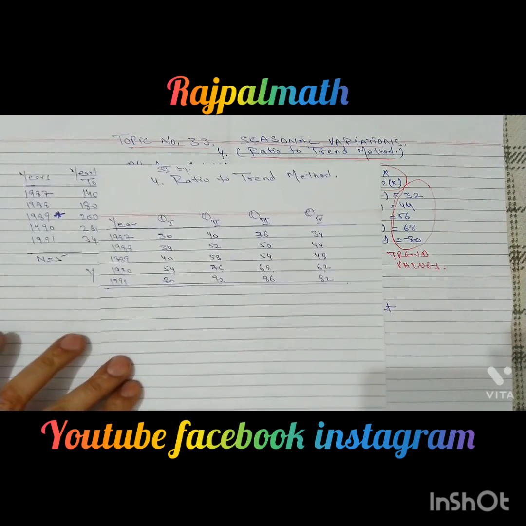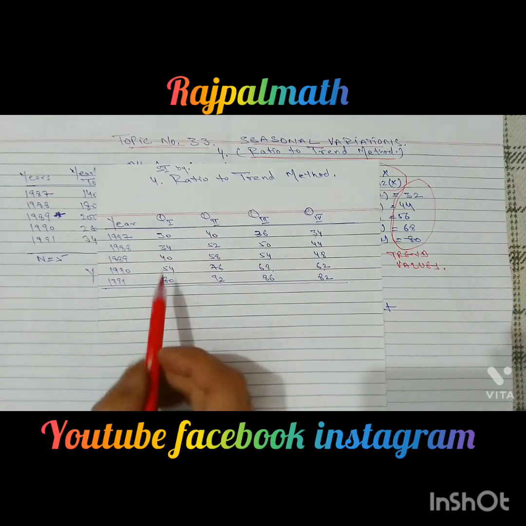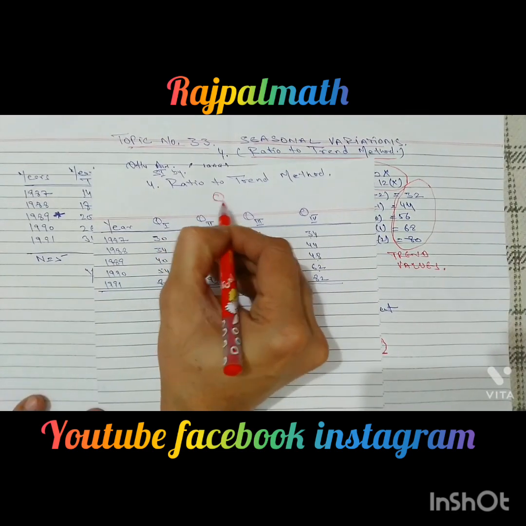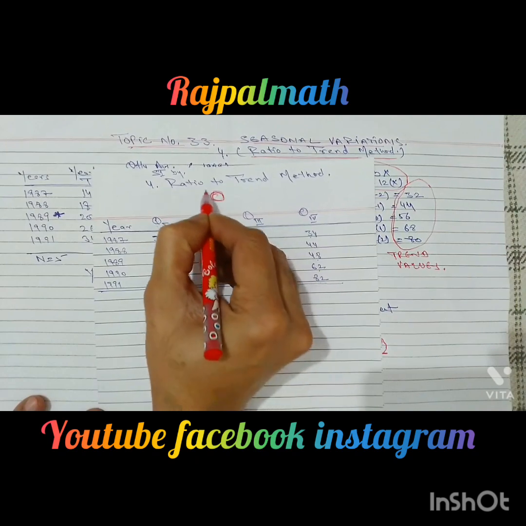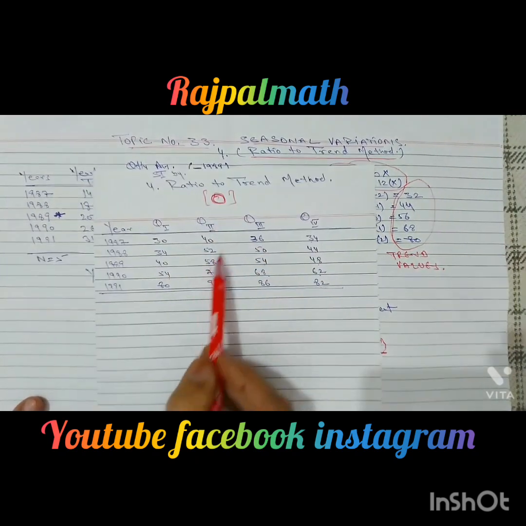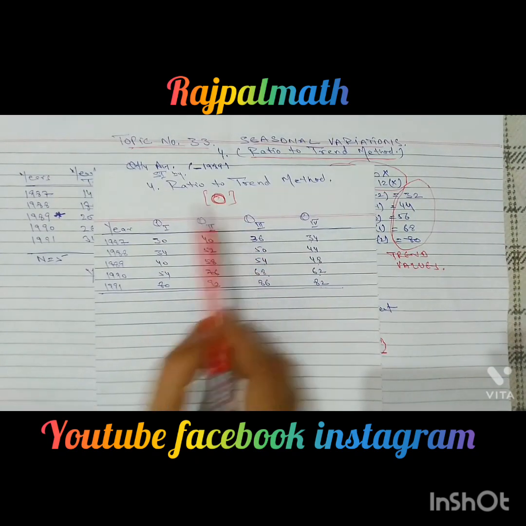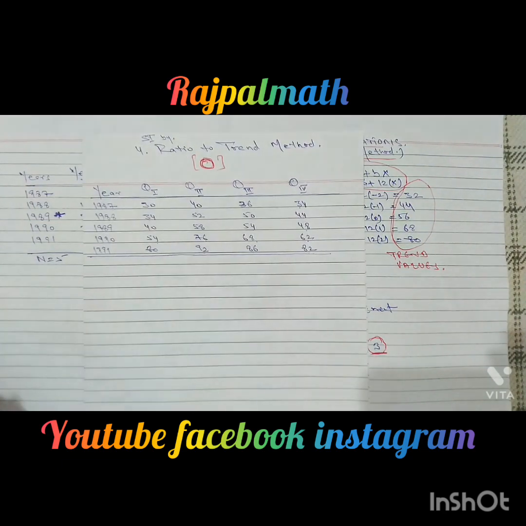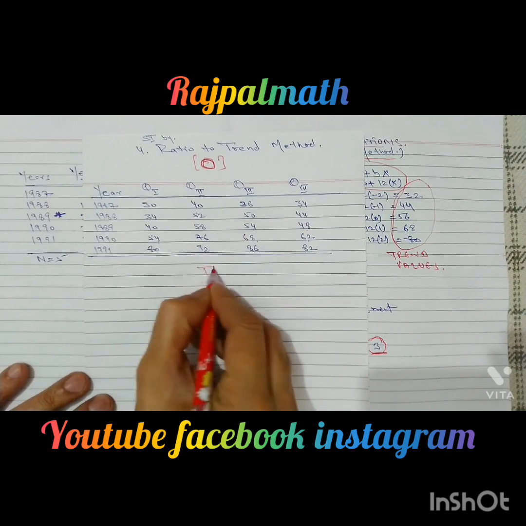Our question is this one, ratio to trend method. The values given in the question are called original values, O. Now we have to find T, the trend values. Draw the trend table.